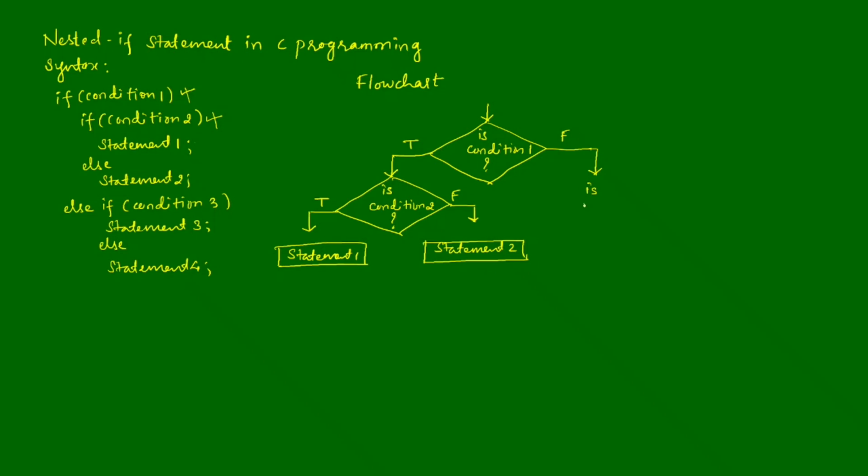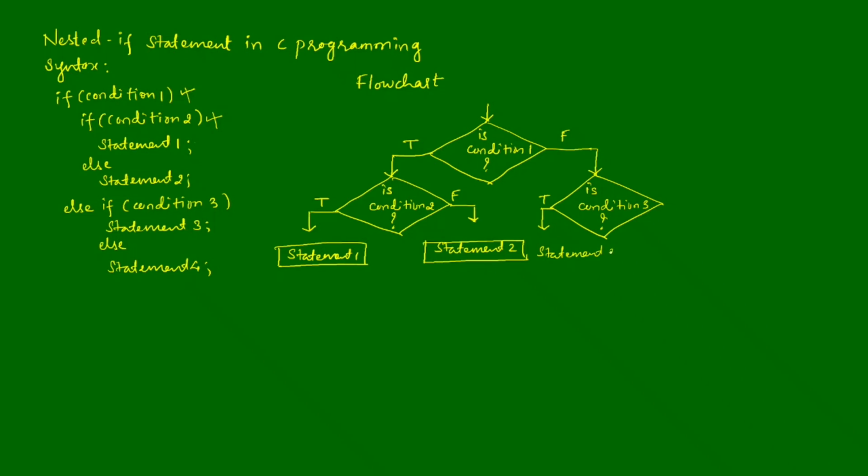Here I'm going to write is condition 3 question mark, and for this we are going to draw a rhombus. Here if condition 3 is true, I'm going to write if it is true, then statement 3 must get executed.